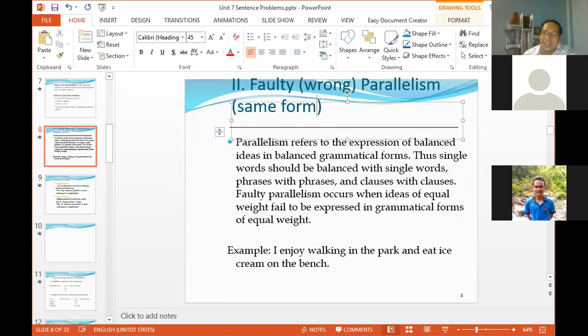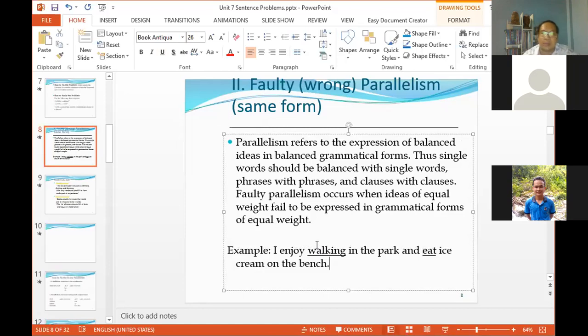Usually when we use conjunctions like FANBOYS, both sides of the conjunction must have the same part of speech, the same form. Look over here, buddy: I enjoy walking, okay, enjoy doing something, right? And then it.